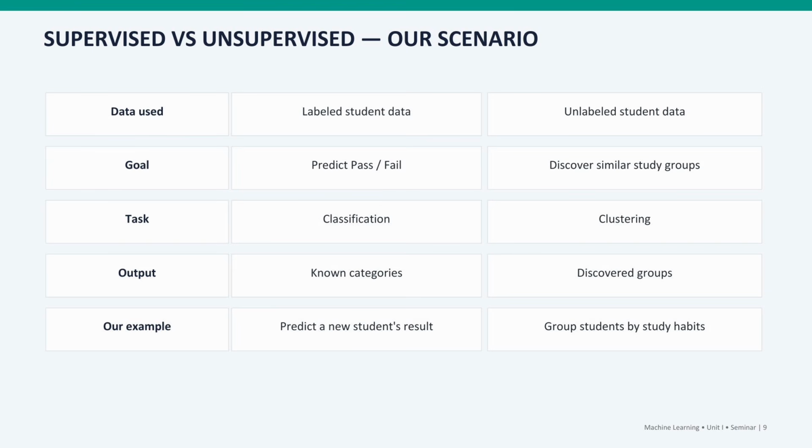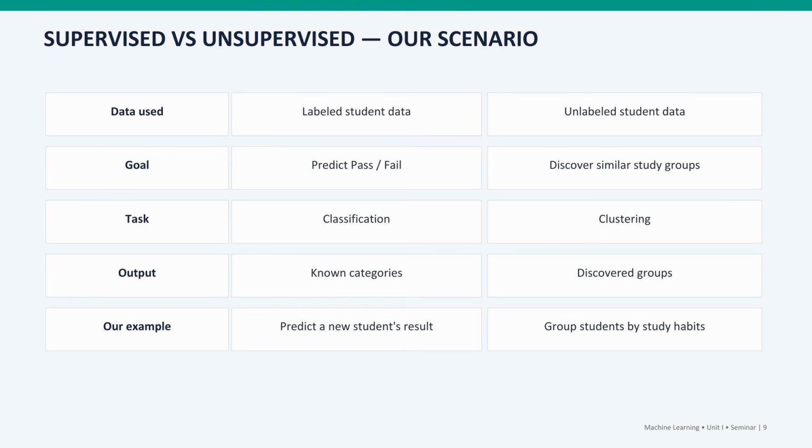Comparison. Now let's compare supervised and unsupervised learning using our own scenario. Supervised learning uses labeled data, while unsupervised learning uses unlabeled data. In supervised learning, our goal is to predict the result, for example, pass or fail.